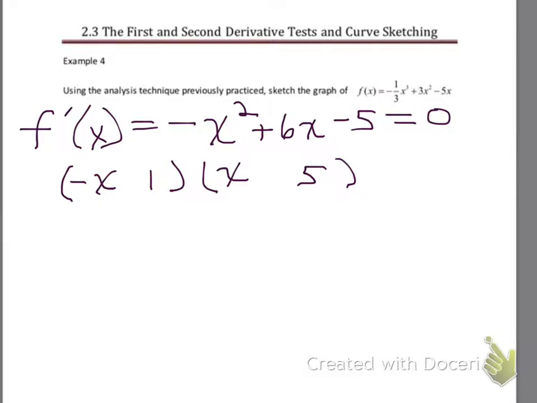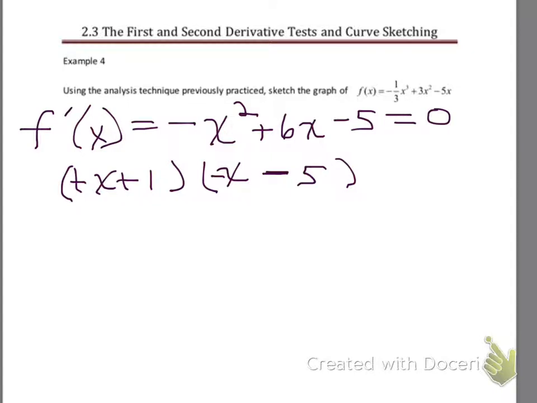If I multiply these two together, one needs to be positive and one negative, but then I want the middle to be positive. Okay, I think I'm going to make these both negative, and this positive. Now, will that get me what I want? That will give me a negative 1 and a negative 5.